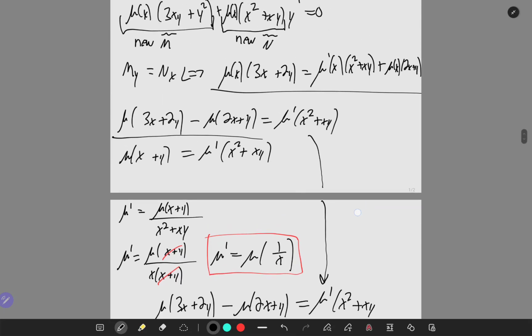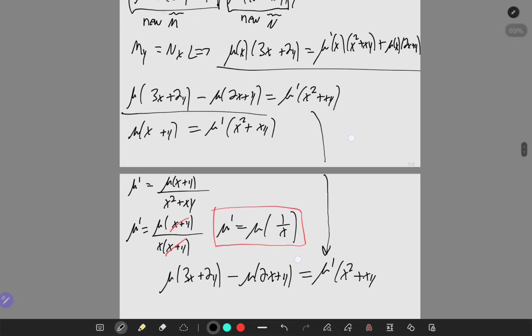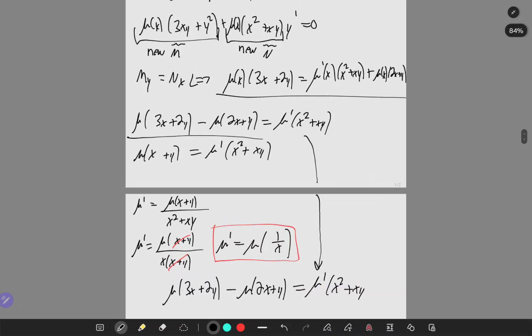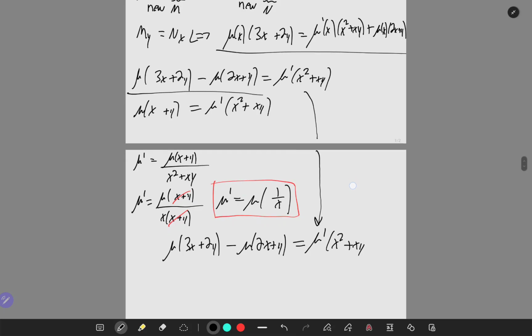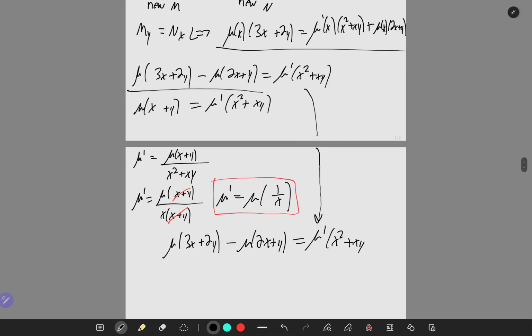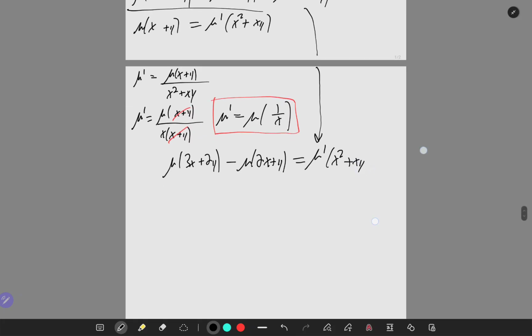Hold on, let me see something here. 3x plus 2y. Okay, I see.